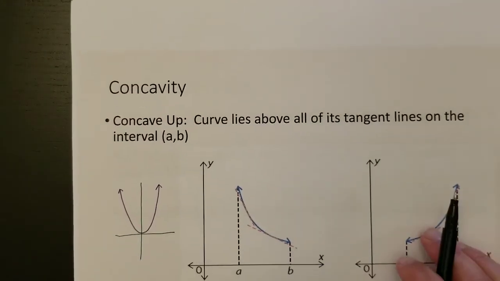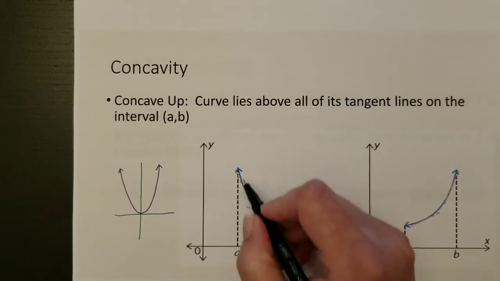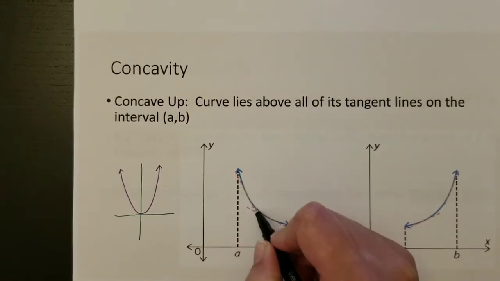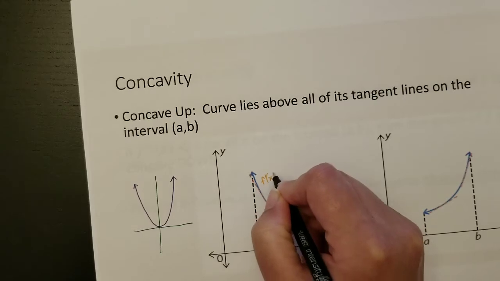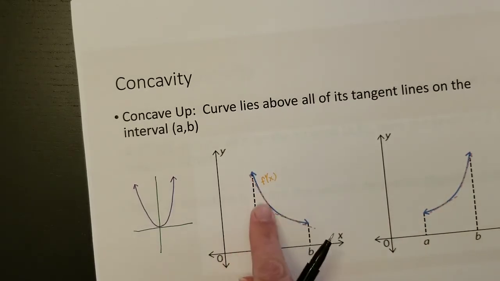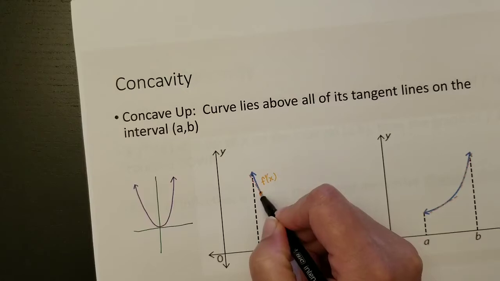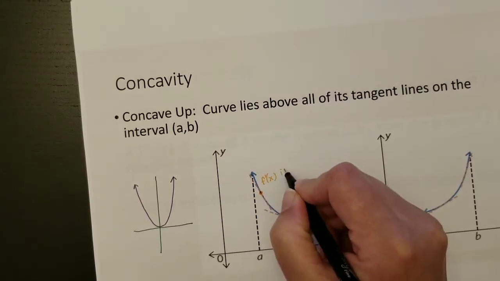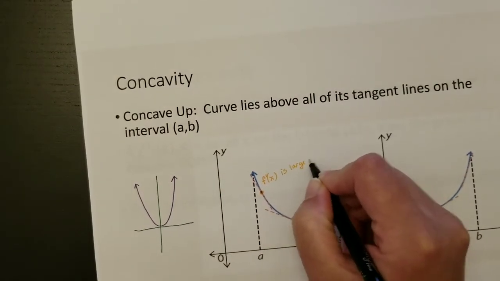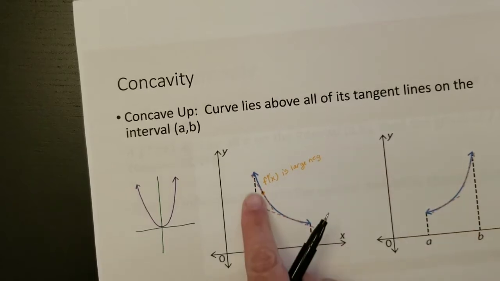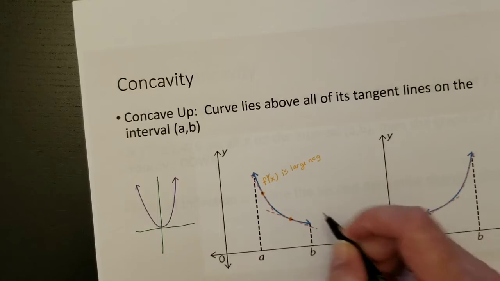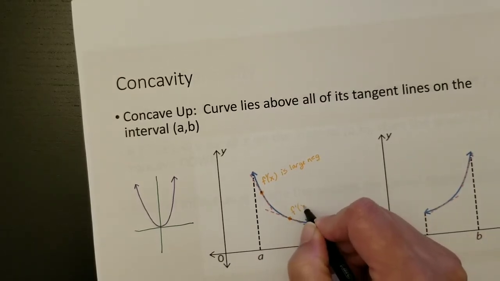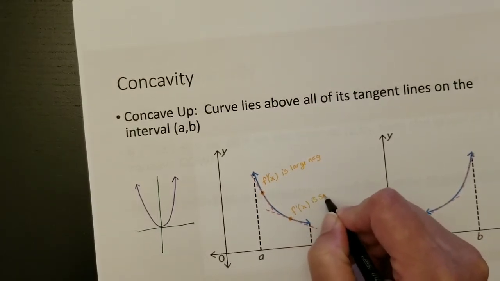Now, if we look at the first derivative here, f prime at x, so the slope of the tangent at, say, this point here is a large negative, and moving along as x gets bigger, here the slope of the tangent is a small negative.